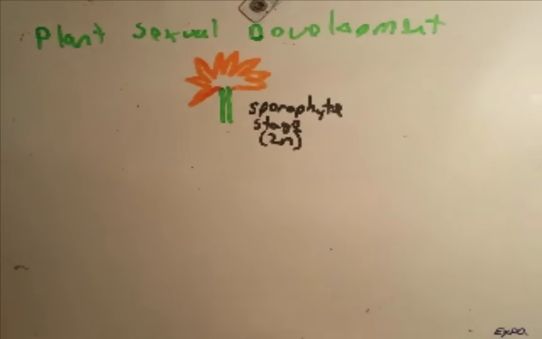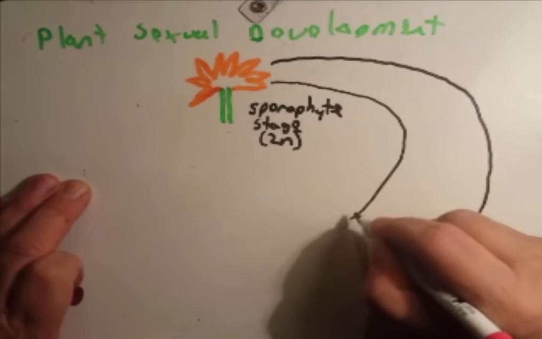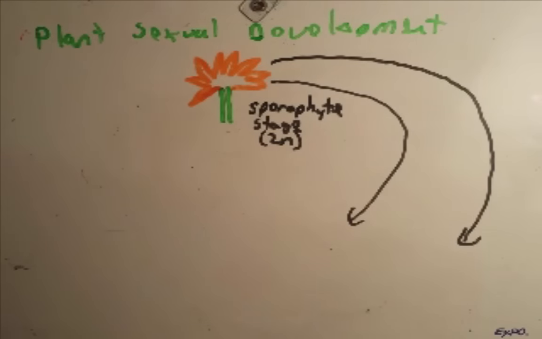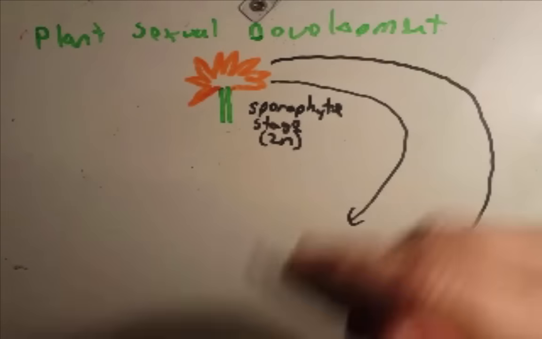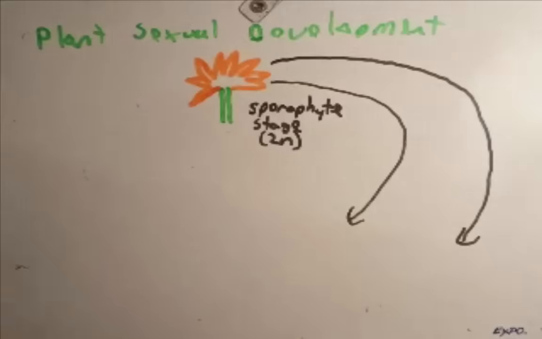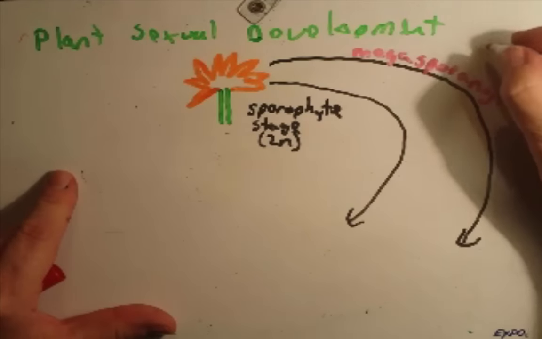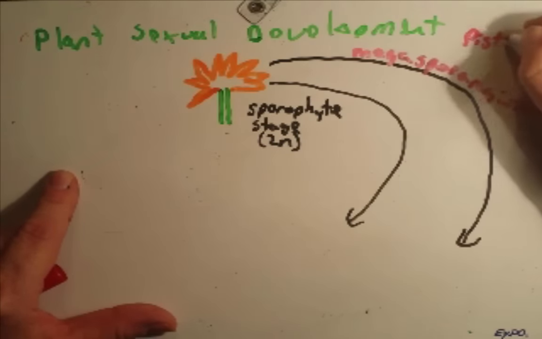Within this flower structure, we have both male and female parts. And they're going to make very specific spore types. First, let's talk about the megasporangium. This contains the part of the plant, the female part of the plant, called the pistil.